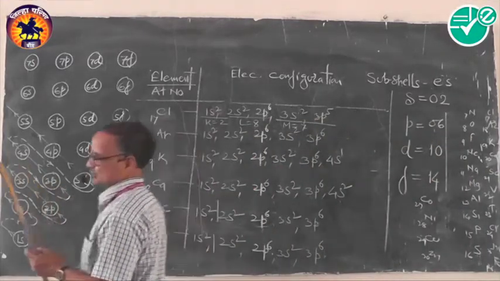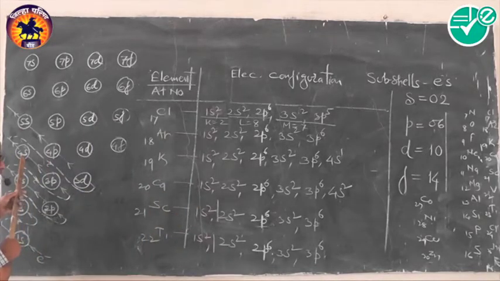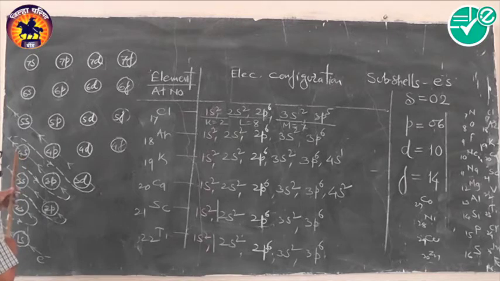Now, the 4s subshell is completely filled with 2 electrons.